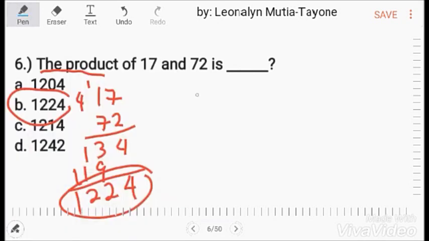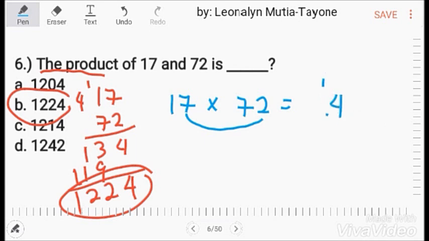Another way, 17 times 72. Yung last digit, i-multiply mo siya, and that is 14. Lagay muna natin yung 1 dyan. And itong first digit, 1 times 7 is 7.